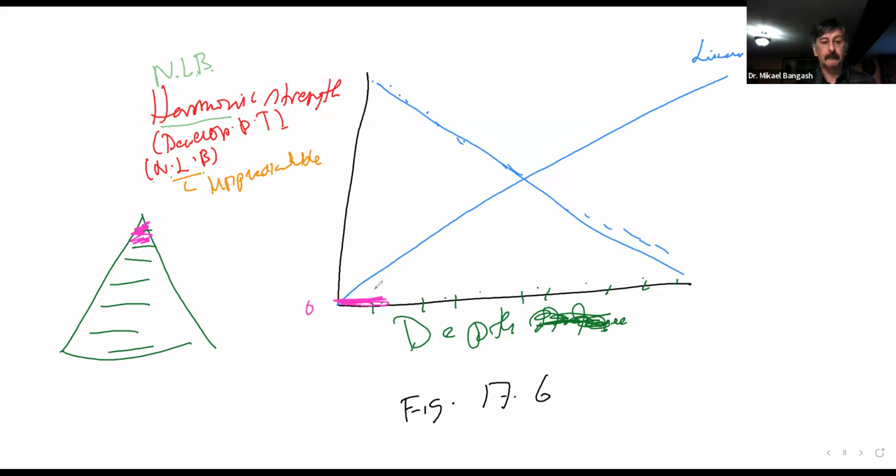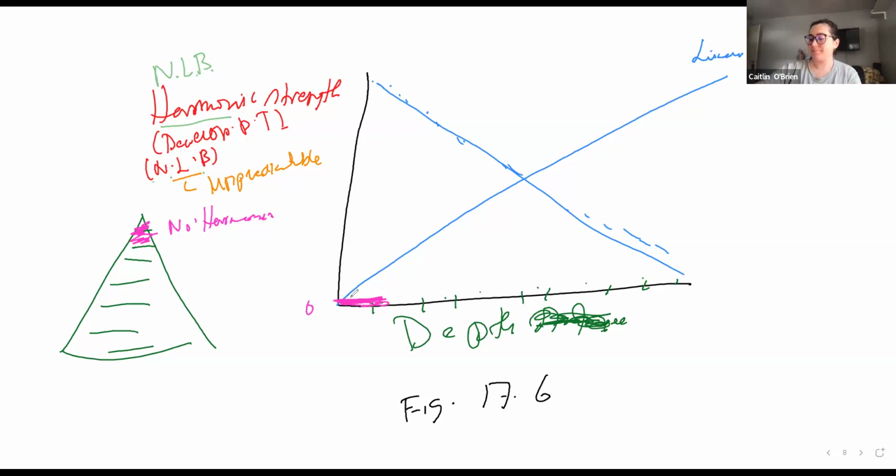Did you guys get that? So at shallow depth, there is no harmonics. Or we can say at these shallow depths the strength of the harmonics has not developed yet. Did you guys get that?